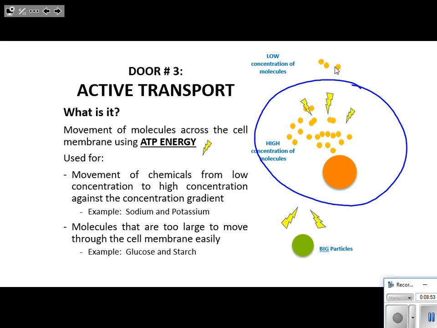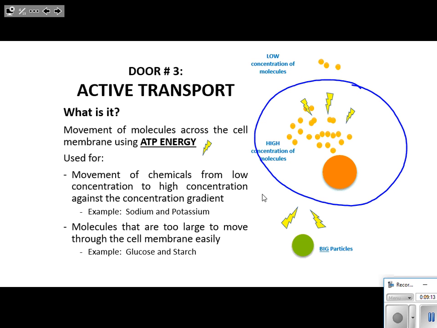So we move from lower concentration to higher concentration. It goes against the gradient. But in order to go against the gradient, we need to have these lightning bolts. We need to have energy.